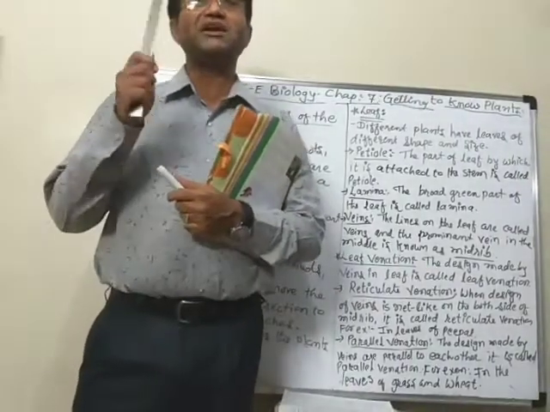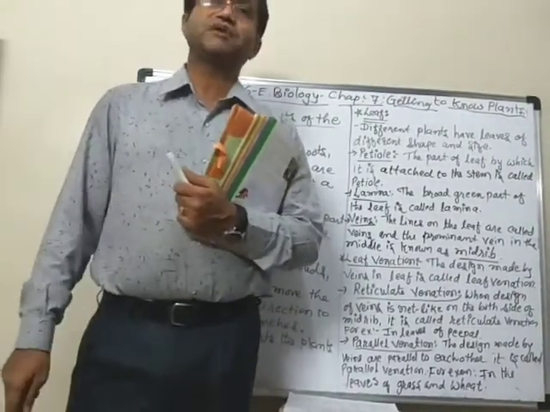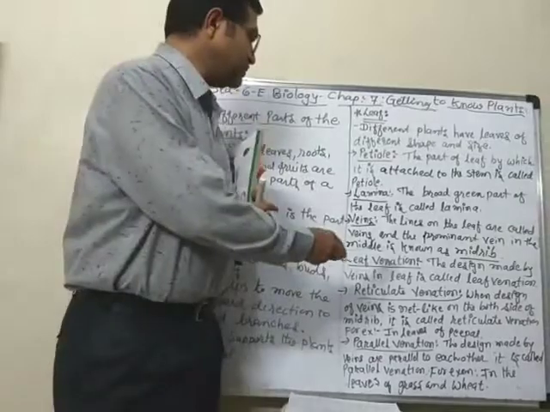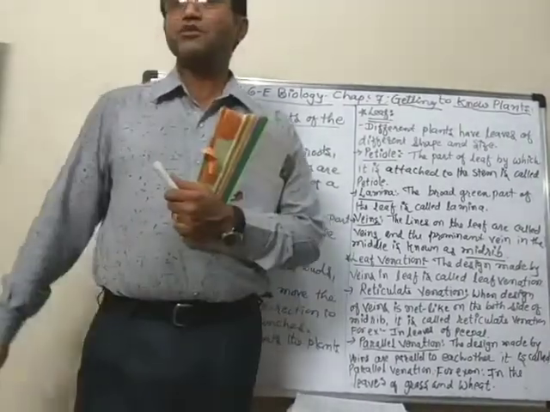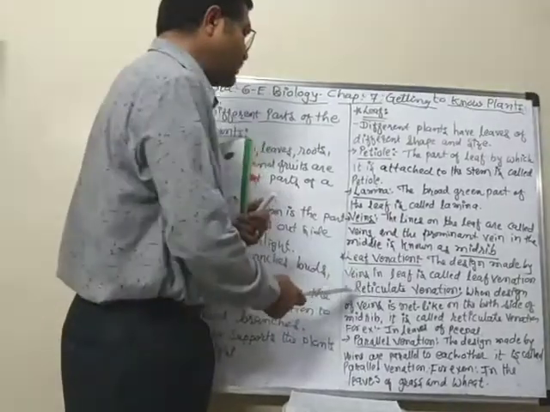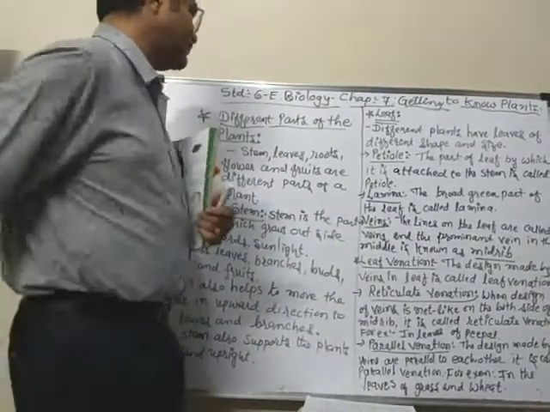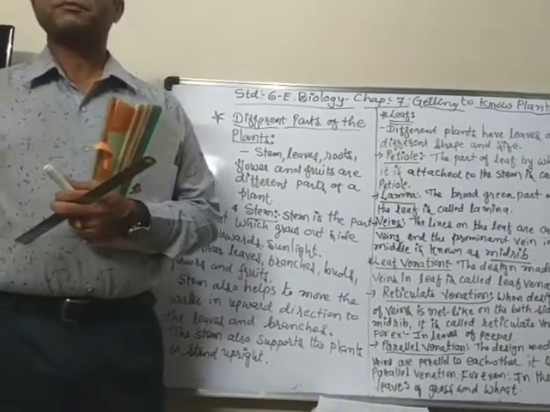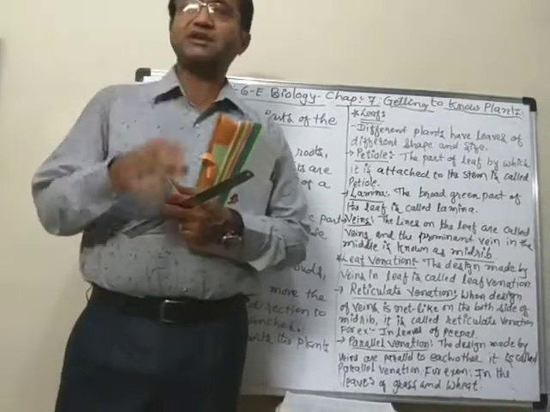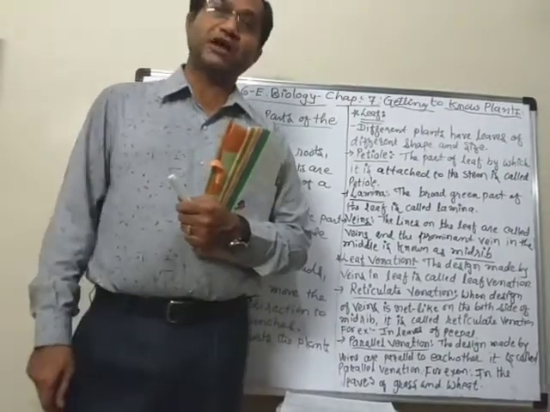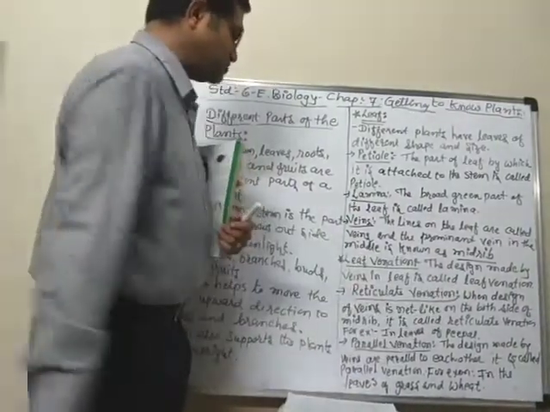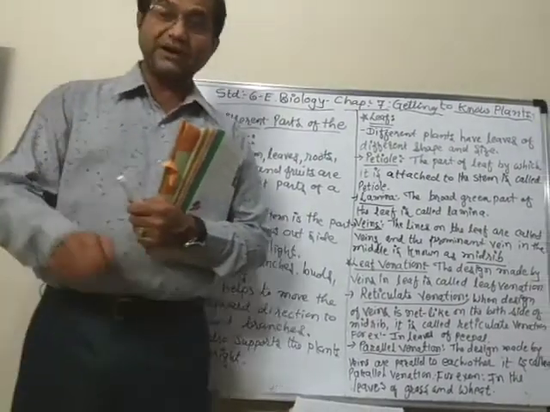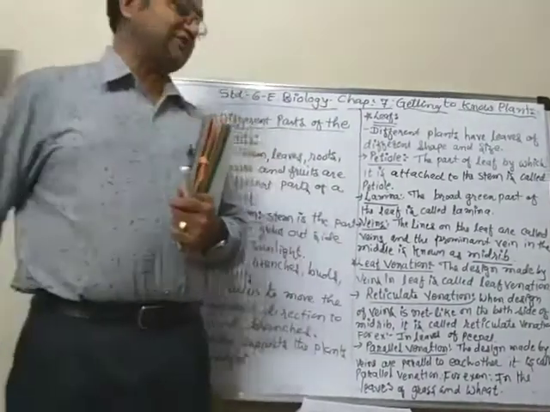Leaf venation is of two types in different plants: one is reticulate venation, and the other is parallel venation. Now we will understand what reticulate and parallel venation are.